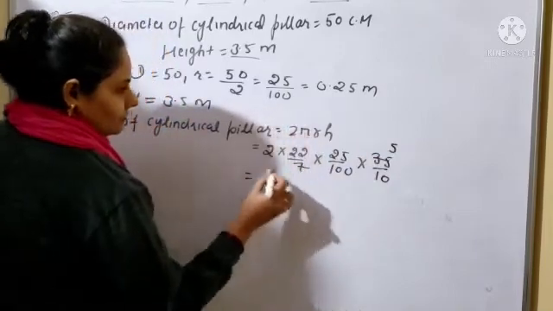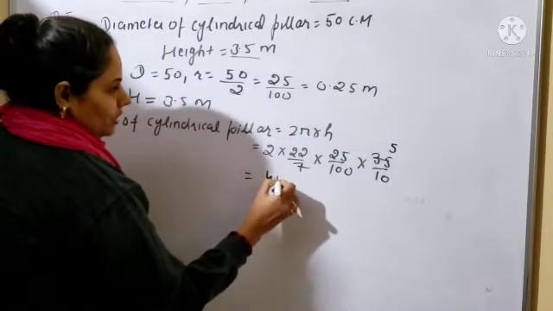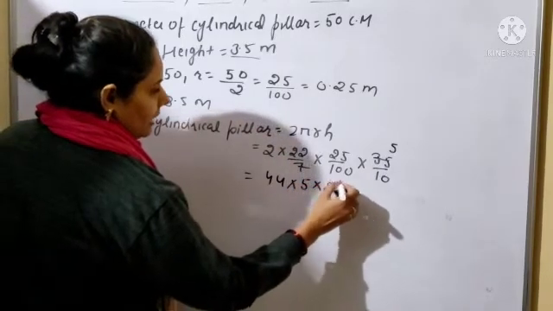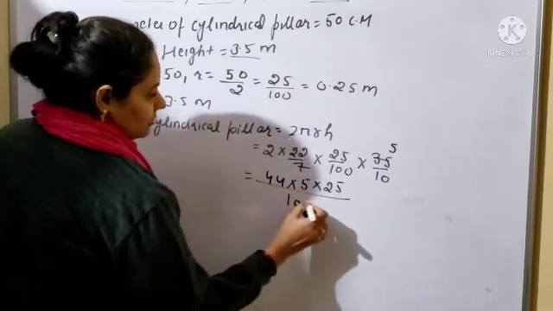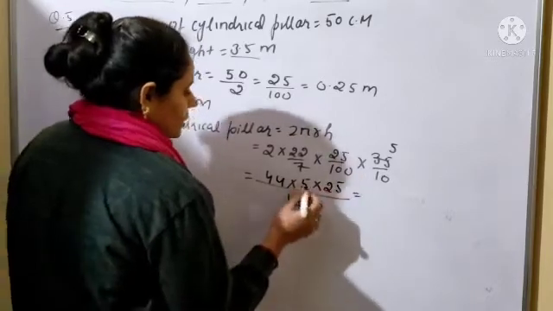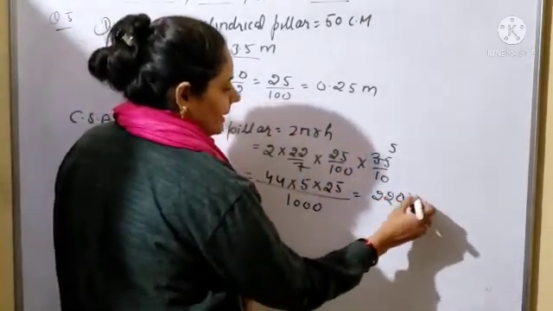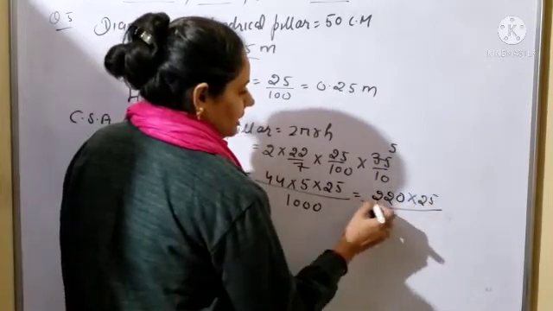Okay, now 44 into 5 into 25 upon 1000. Clear? Multiply it. 5 4s are 20, 22 into 25 upon 1000.